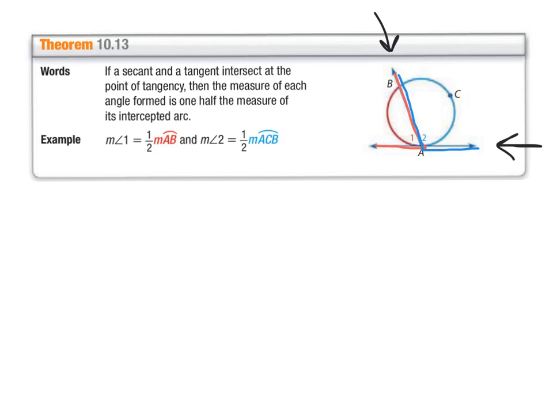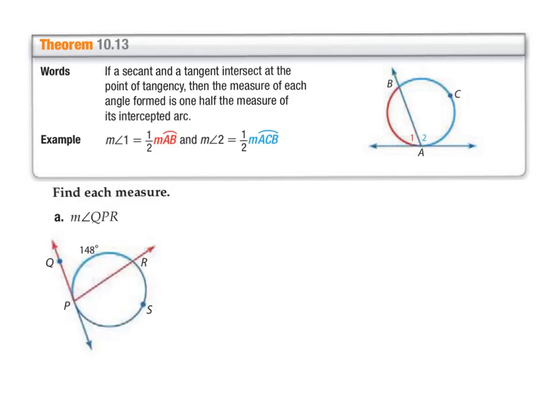The measure of angle 2 is half of arc ACB. Notice how they used 3 points to name that arc. Because it is a major arc, it extends more than halfway across the circle. That's why they used 3 points ACB. So the measure of angle 2 is half of arc ACB. We're going to use this theorem to solve some problems.